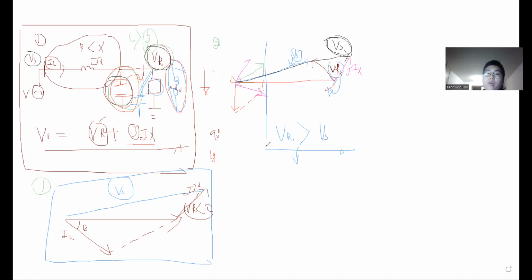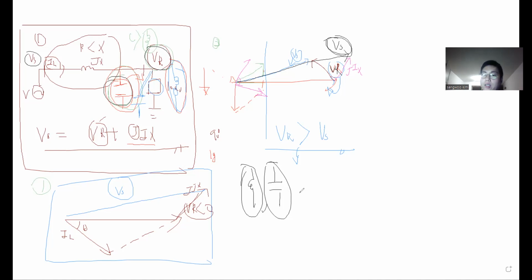So that's why, in the power control system, we control the reactive power using L or capacitor. You know what I mean? If we add the L, it means we absorb the reactive power from the load.